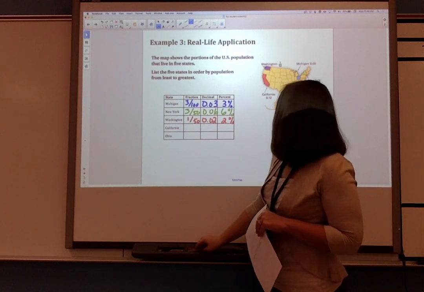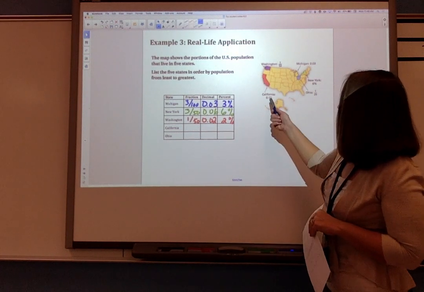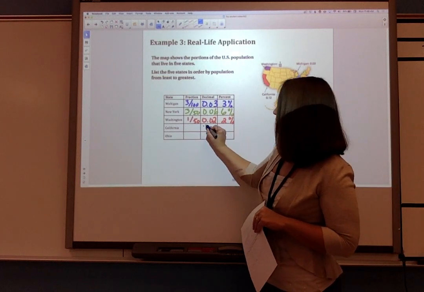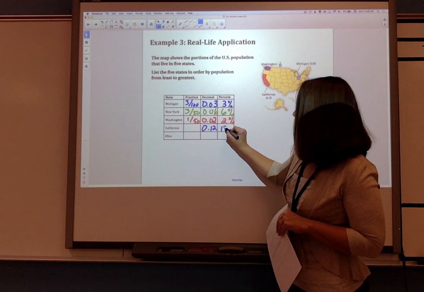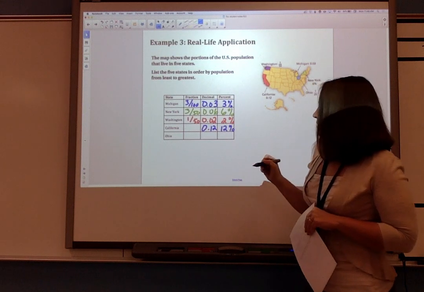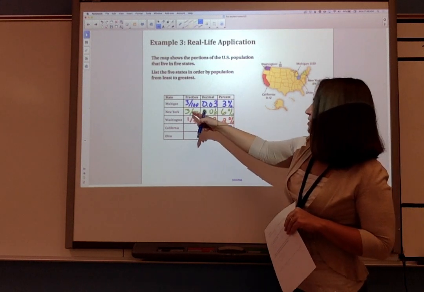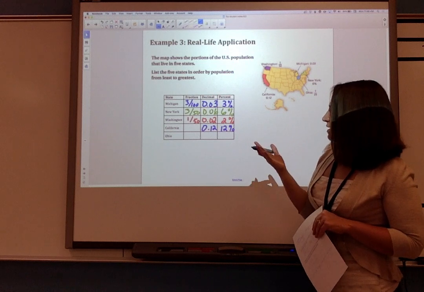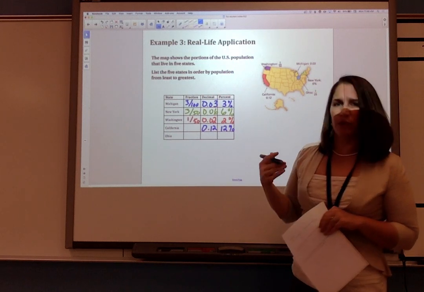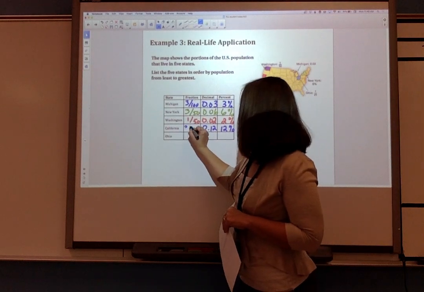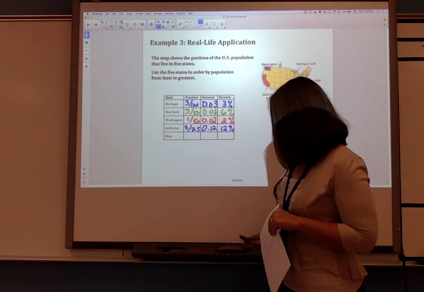And then we have California is 0.12 as a decimal. That would be 12%. That would be twice as much as New York, so we could say 6 over 50, 12 over 100, which is 3 over 25 in simplest form.